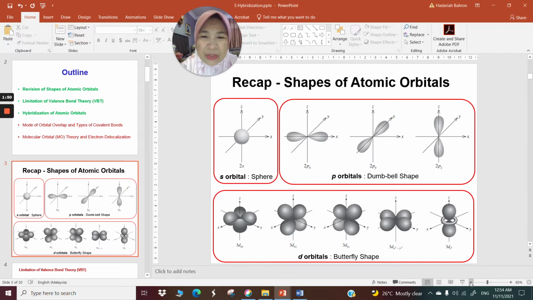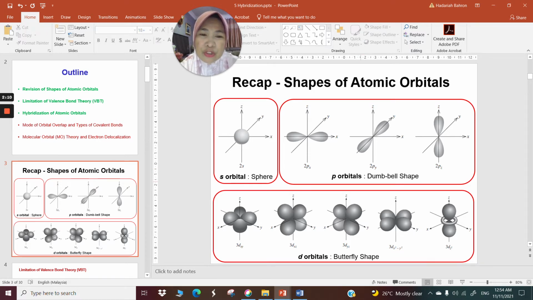I'm sure you recall these diagrams. S orbitals have the shape of a sphere, yes, spherical shape, and for each s there is only one orbital.